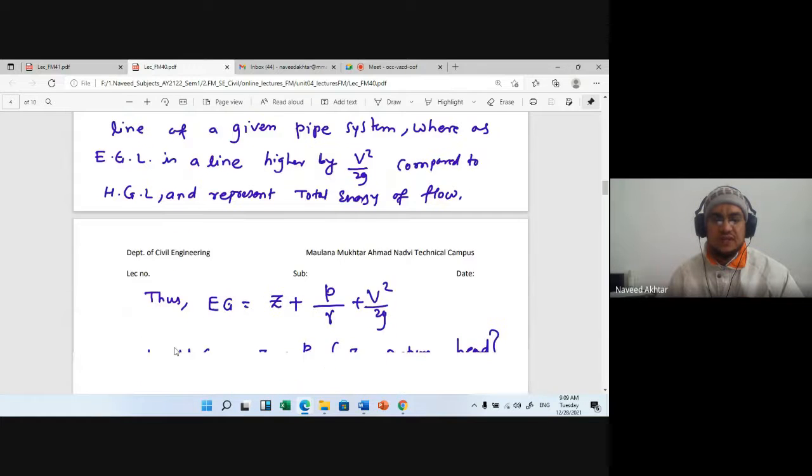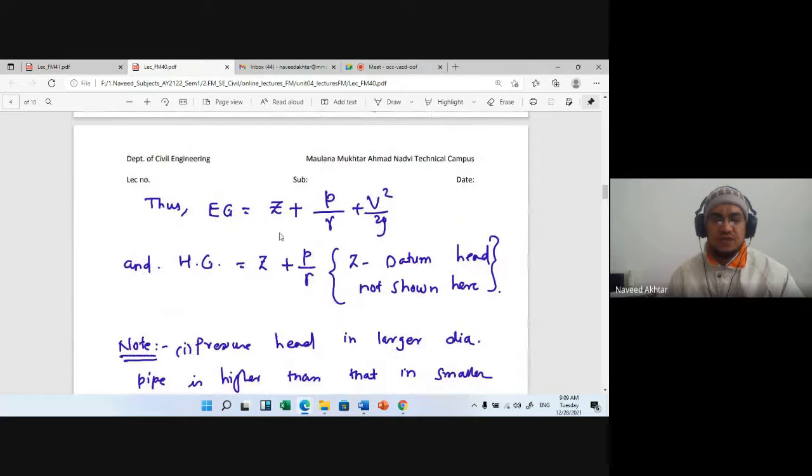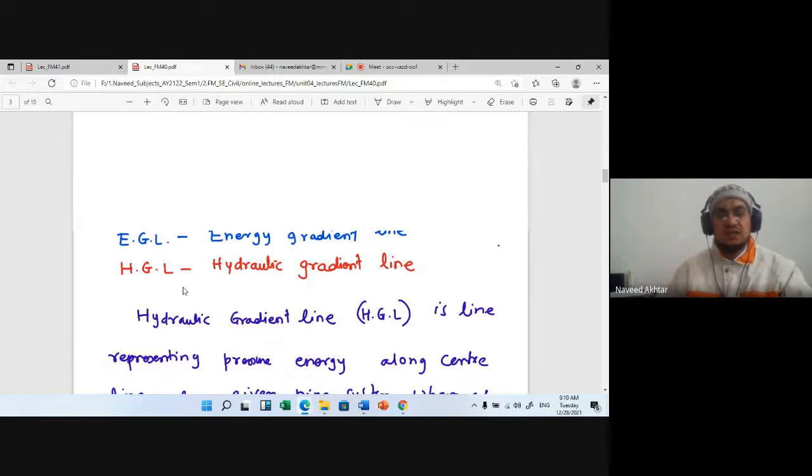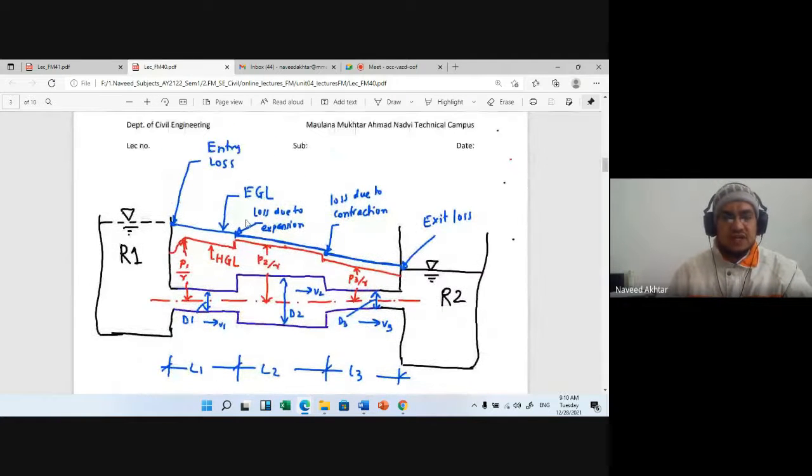So EGL will represent the total energy of the flow, that is Z plus P upon gamma plus V square upon 2g, and the hydraulic gradient line is Z plus P upon gamma only. Z is the datum head, not shown in the figure.